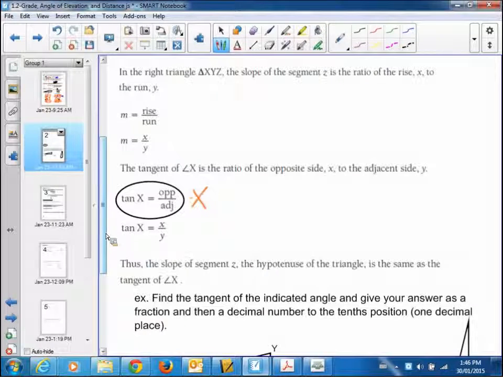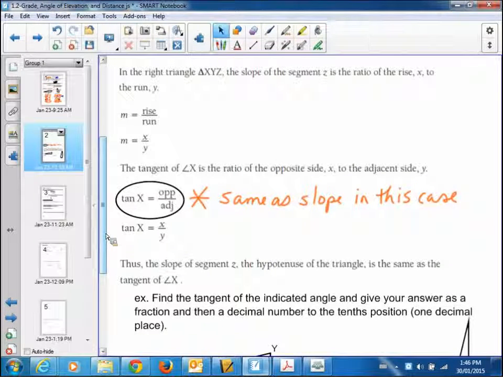Write this down beside here: same as slope in this case. That's what I want you to get out of this.